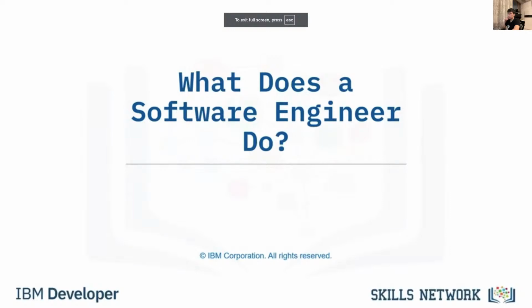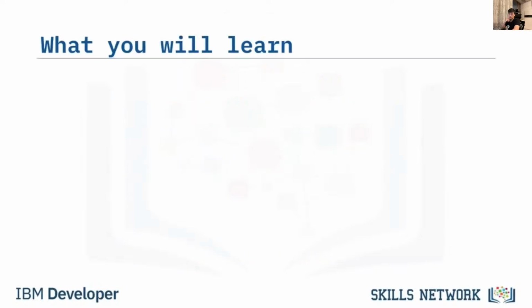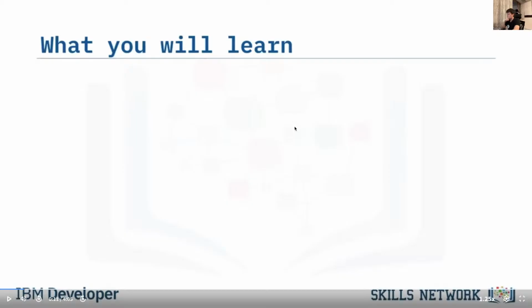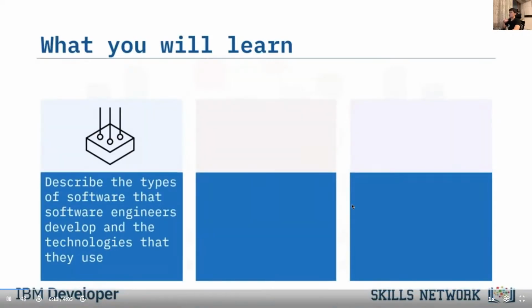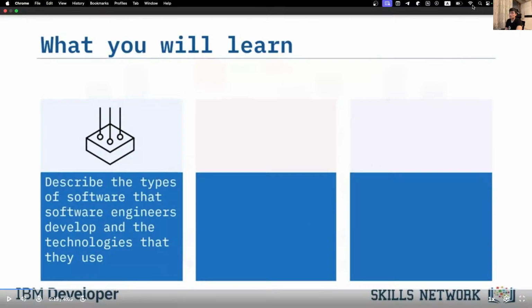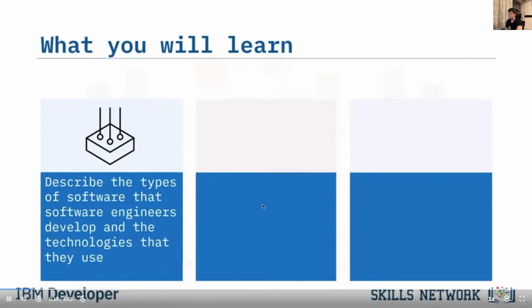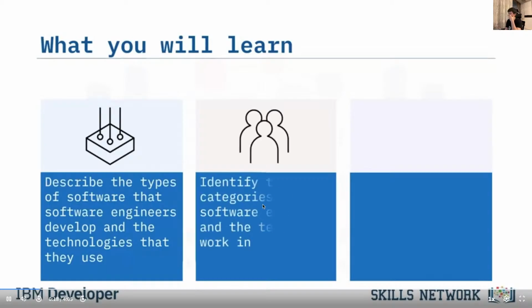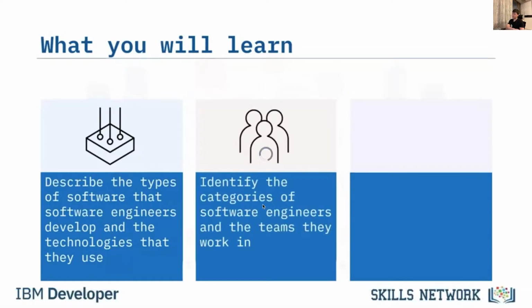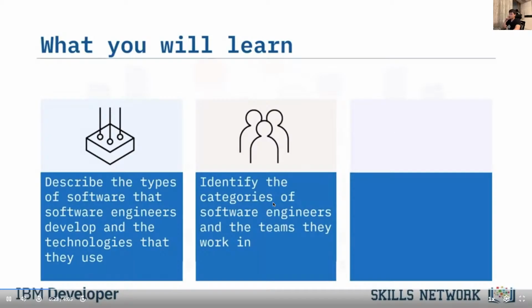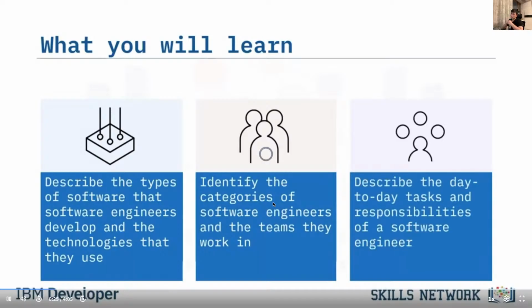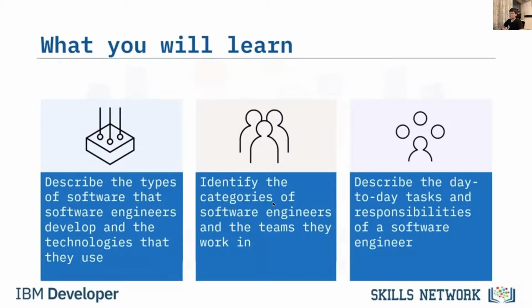Welcome to What Does a Software Engineer Do? After watching this video, you will be able to describe the types of software that software engineers develop and the technologies that they use, identify the categories of software engineers and the teams they work in, and describe the day-to-day tasks and responsibilities of a software engineer.